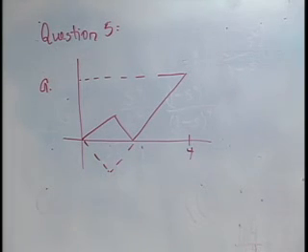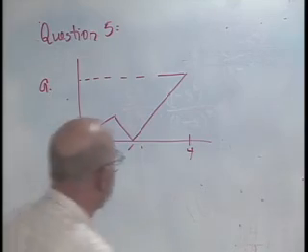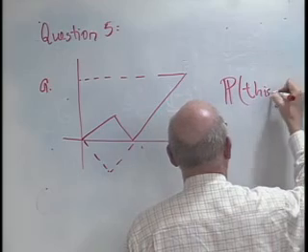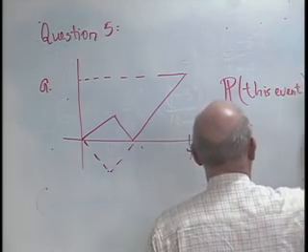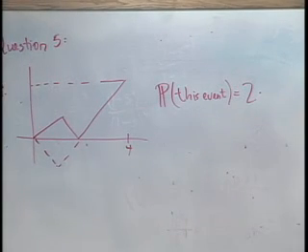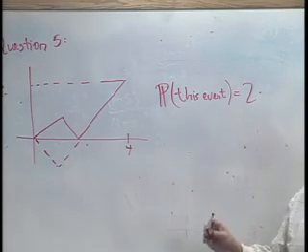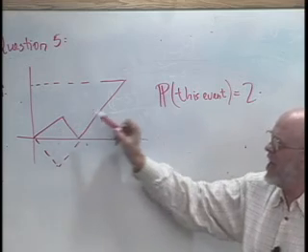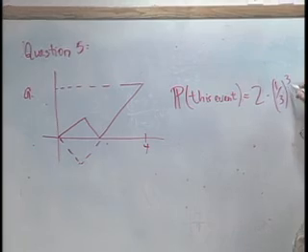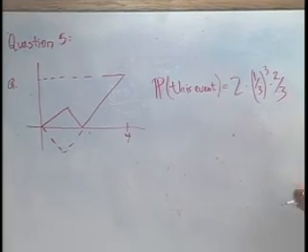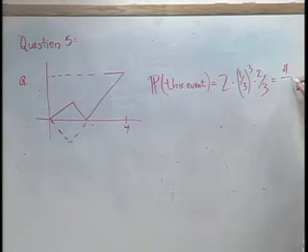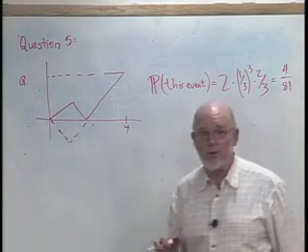So there are 2 ways of doing this, and the probability of this event is equal to 2, because there are 2 ways of doing it, times the probability of either of these, and each of these involves 3 hits, which have a probability of 1/3, and 1 out with a probability of 2/3. So we put this together, and we get 4/81.